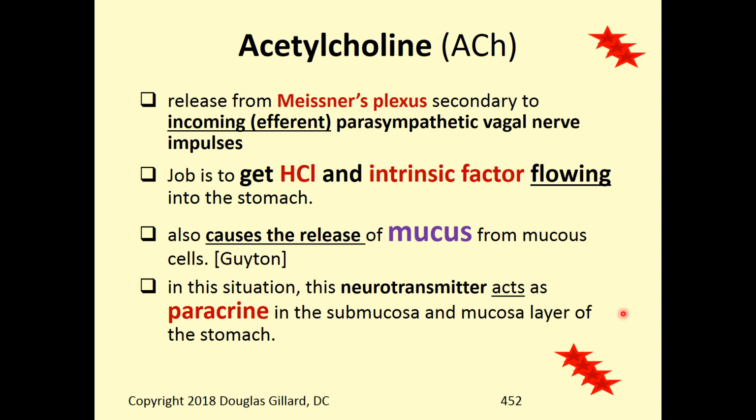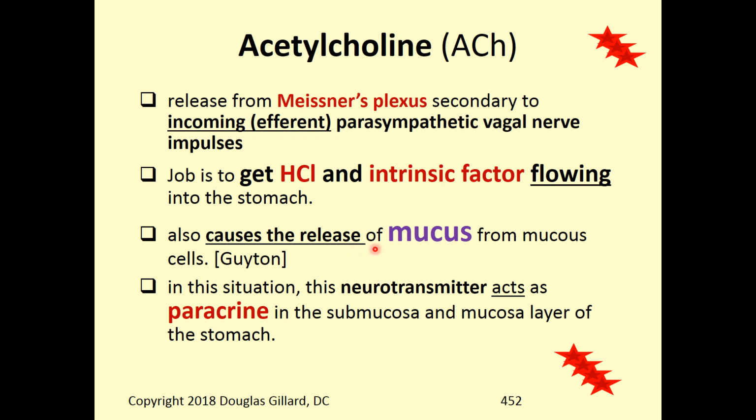I have official slides on that, because you guys know if I don't have it on the slide, I'm not going to test you on it. Acetylcholine is released from Meissner's plexus, same thing, secondary to incoming parasympathetic vagal impulses. Its job is to get HCl and intrinsic factor flowing, the gastric juices flowing. It also causes the release of mucus, according to Guyton.